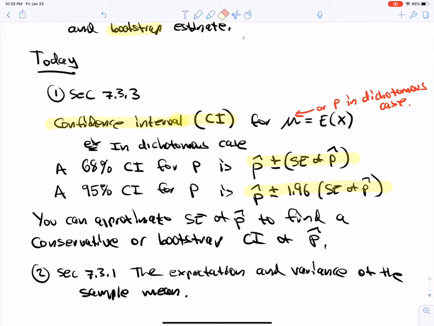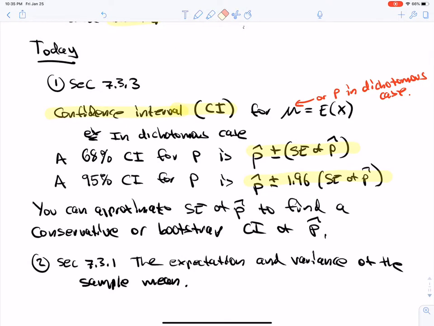Today we're going to tie ourselves to the book, and we have section 7.3.3. We'll talk about confidence intervals for the population mean. In the dichotomous case, we can talk about a 68% or a 95% confidence interval for the population parameter p, given by the formulas here.